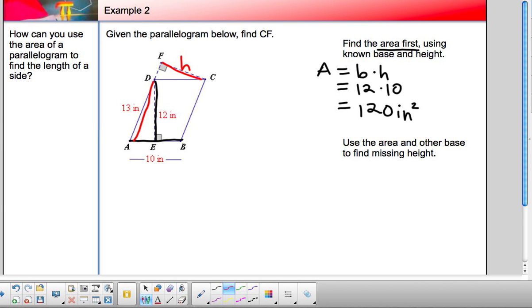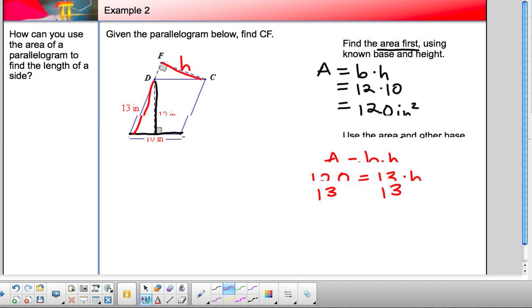So start with our formula, area equals base times height, and plug in the values that we know. We know the area is 120, we know the base is 13, and we're trying to find that other height, CF. To undo multiplication, we divide both sides by 13.